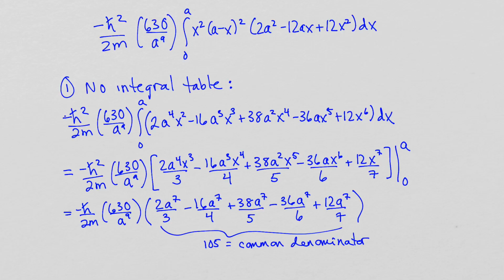Okay, so then you would end up with all of your constants times the expression that you end up with when you put in your common denominator.